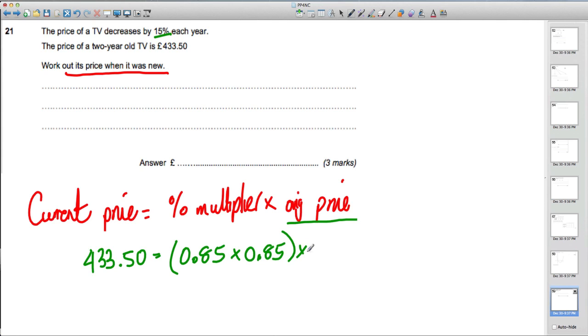Okay, and we multiply that by the original price, and that would tell us the new price. So the original price therefore must be 433.50 divided by 0.85 squared. So 433.50 divided by 0.85 squared, and we get £600. So we get for this £600.